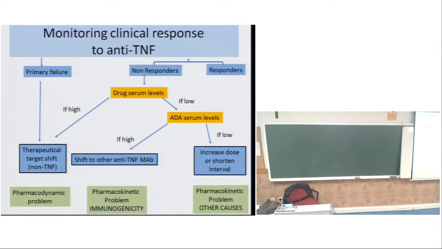But what is usual is that the good thing is that many people respond, and there are also patients that after some years start not responding, and in that situation what is usually done is to measure the drug levels in a blood test, in the serum, to see if they are high or low.